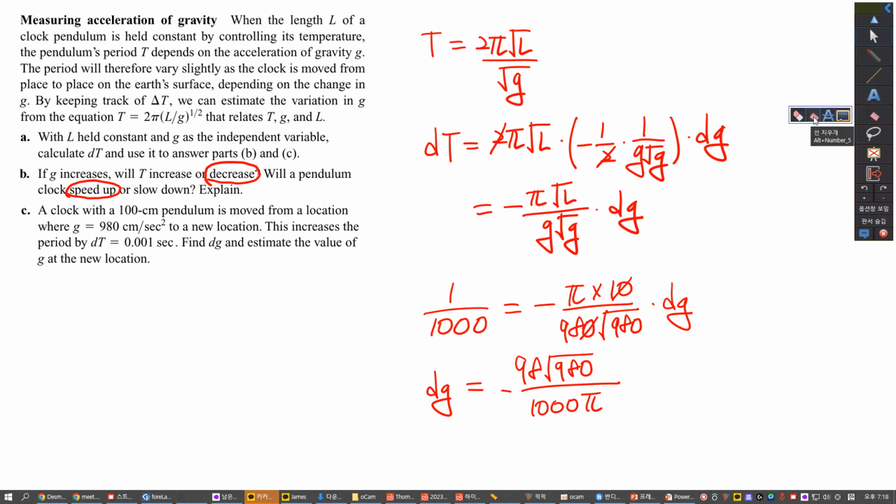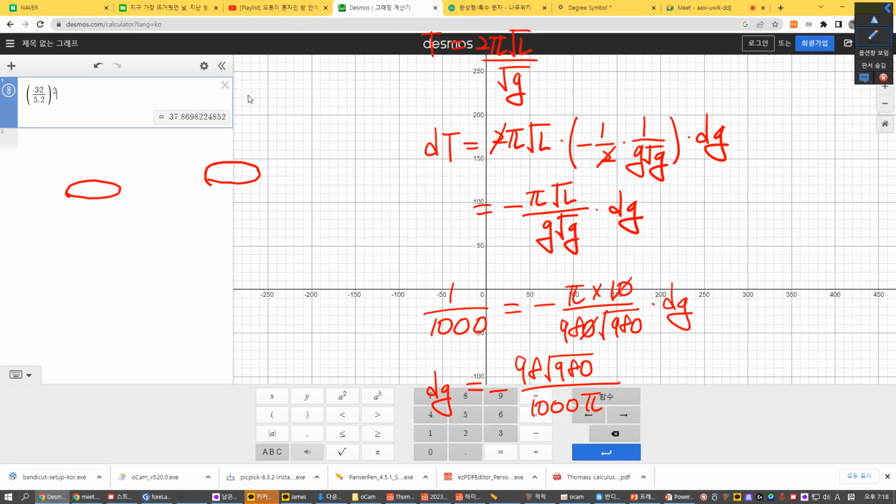So if we approximate this, that's about 0.998.